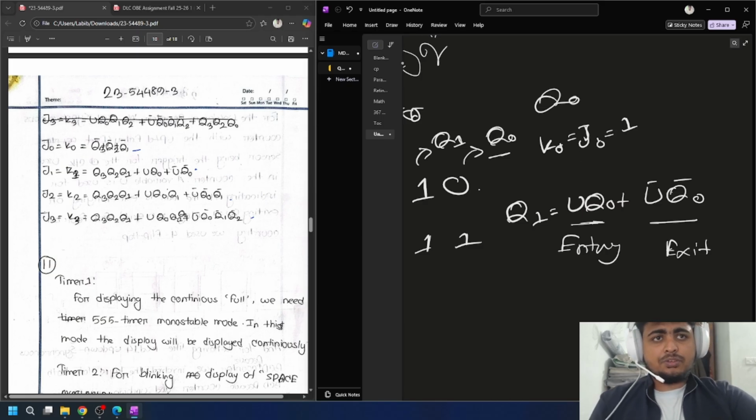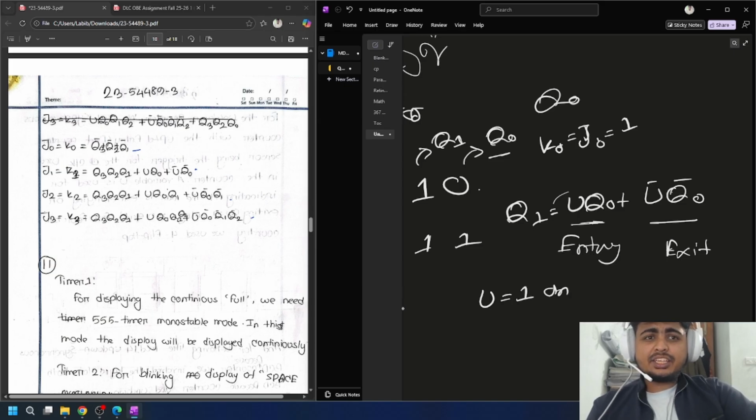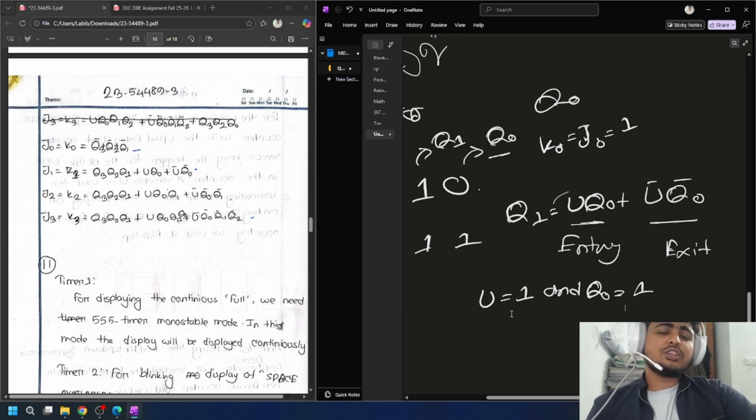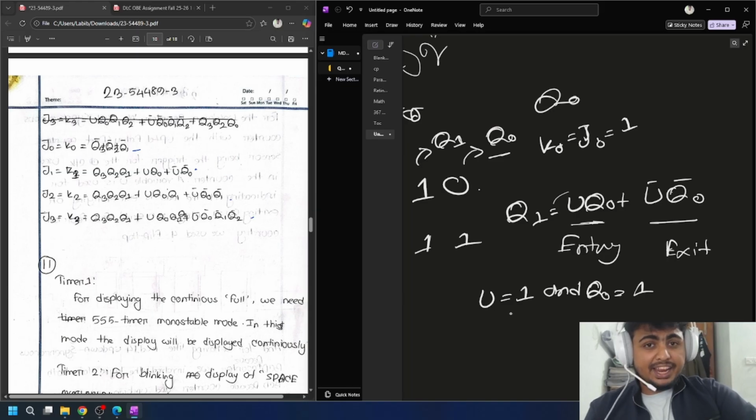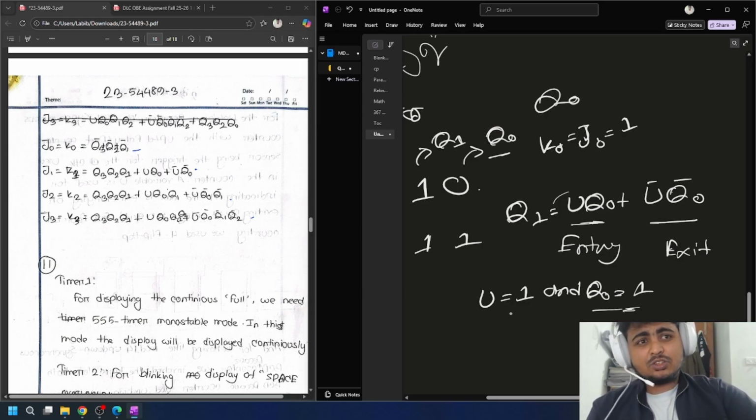Let's say for this condition, we need U equals 1 and Q naught equals 1. U equals 1 means the car is entering. That means when the car enters, the Q naught in the present state needs to be 1.